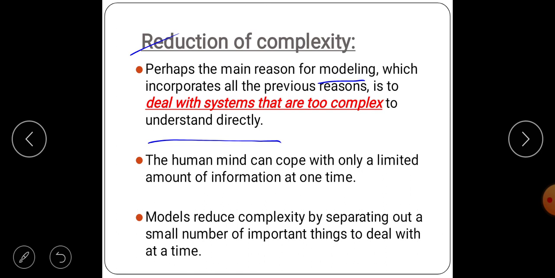Okay, the human mind can cope with only a limited amount of information at one time. Because we know that human tendency is that only limited information can be held in the mind at one time.